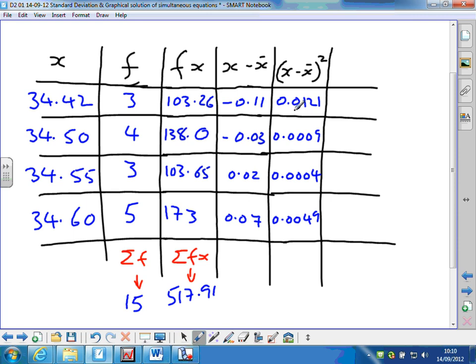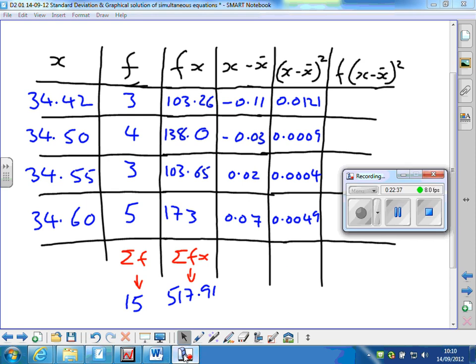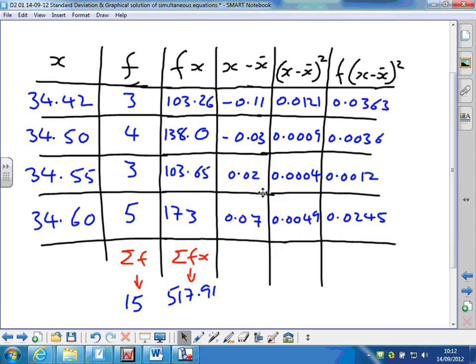So the next column, and this is the last column we need, is the frequency multiplied by x minus the mean squared. So take each of these values, 0.0121, and multiply it by the frequency. So now we've got the frequency multiplied by each of the differences squared.